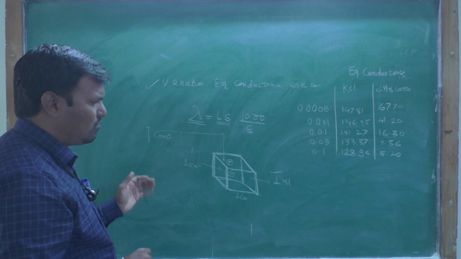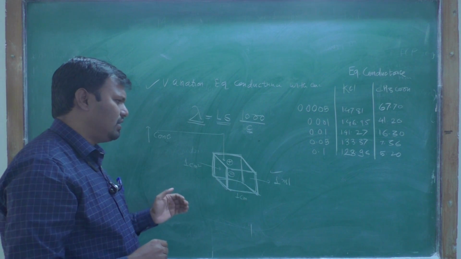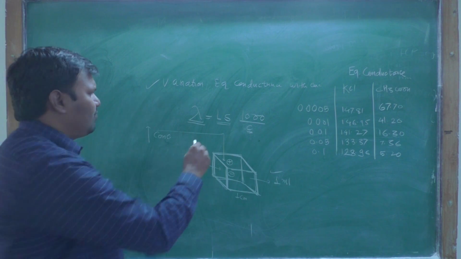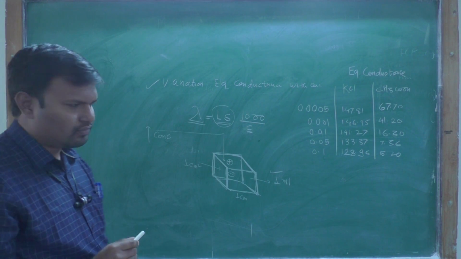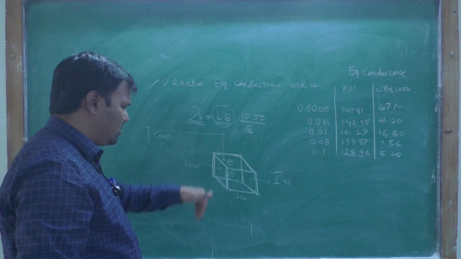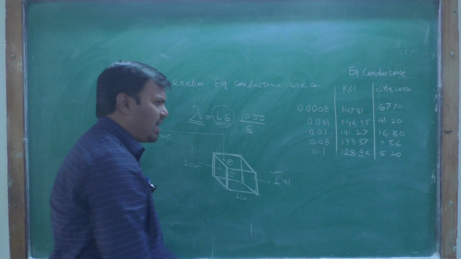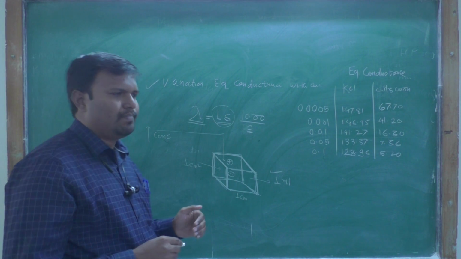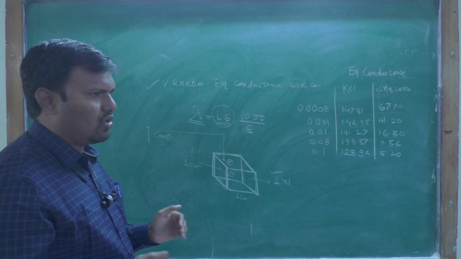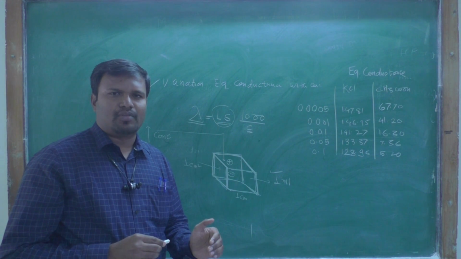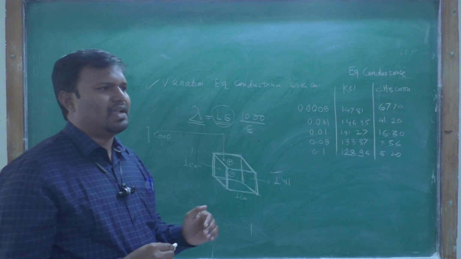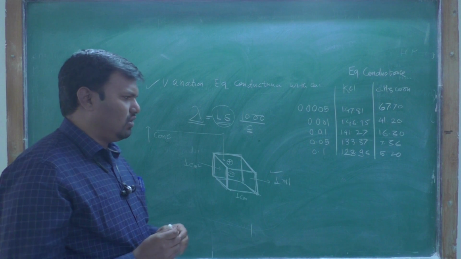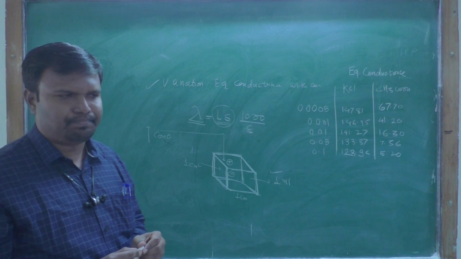We are discussing the effect on your specific conductance of increasing or decreasing the concentration of a strong electrolyte. As the concentration increases, the ions increase, and we know that as ions increase, the conductance increases, because conductance depends upon how many ions are present in that particular aqueous solution of electrolytes.